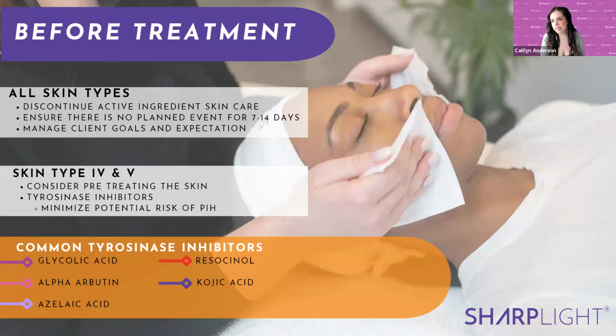In the next slide, you'll see when we get there, I've treated a skin type 5 for acne scarring. And what I did to kind of prevent pigmentation from forming as a result of the post-inflammatory hyperpigmentation is what I'm referring to.